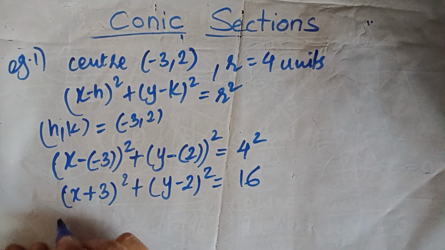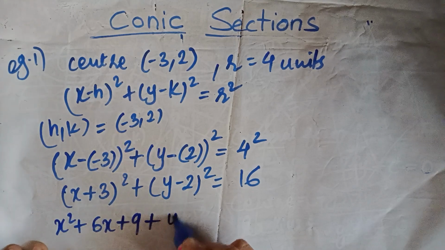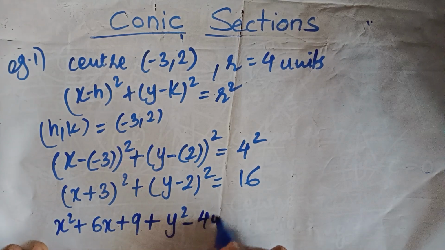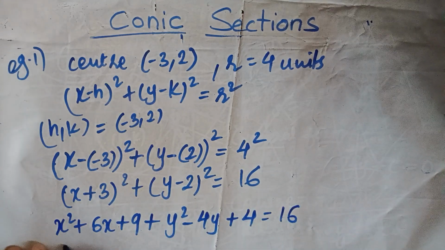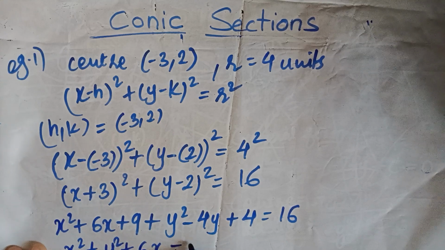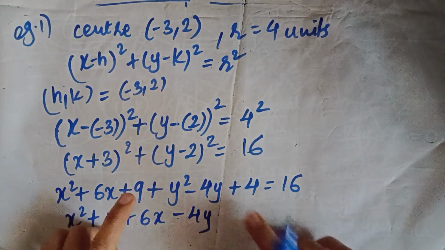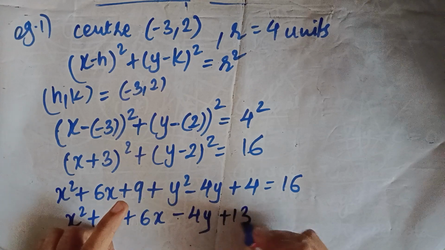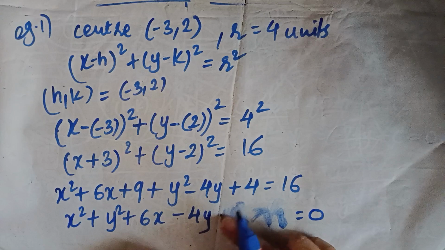Using a plus b the whole square, x square plus 6x plus 9 plus y square minus 4y plus 4 equal to 16. So this is x square plus y square plus 6x minus 4y plus 13 minus 16, so this becomes -3.